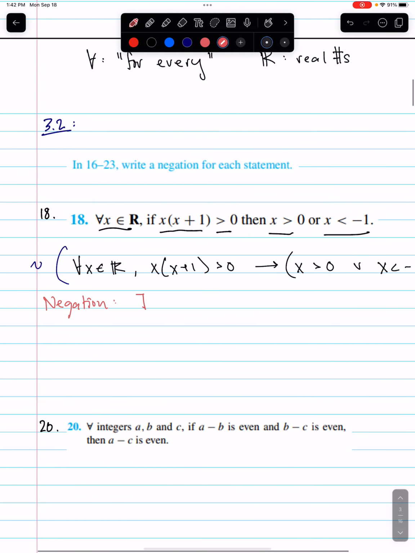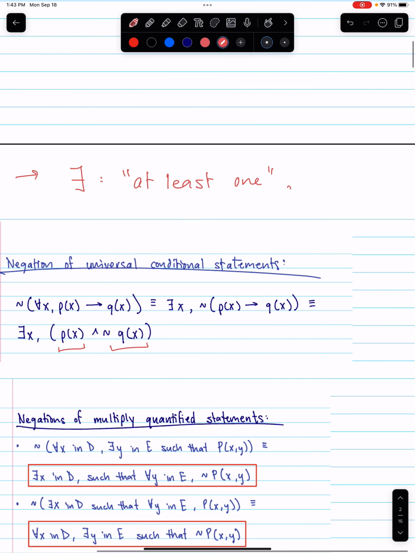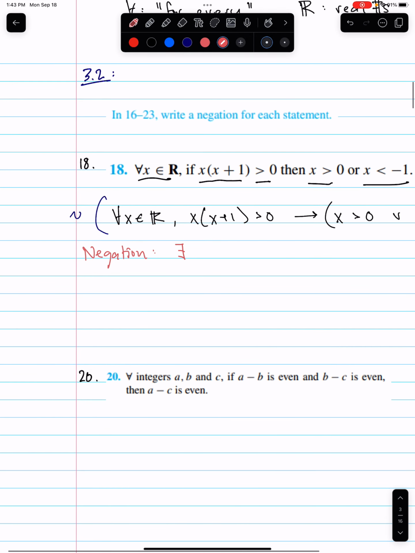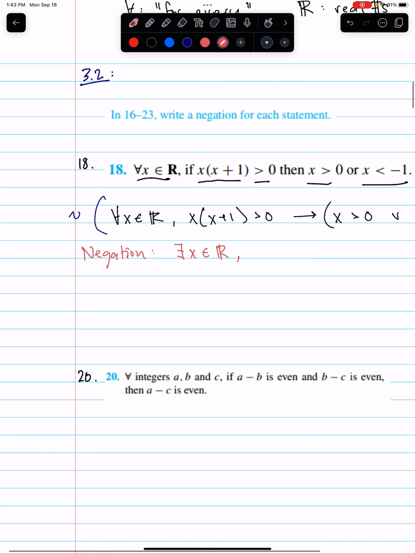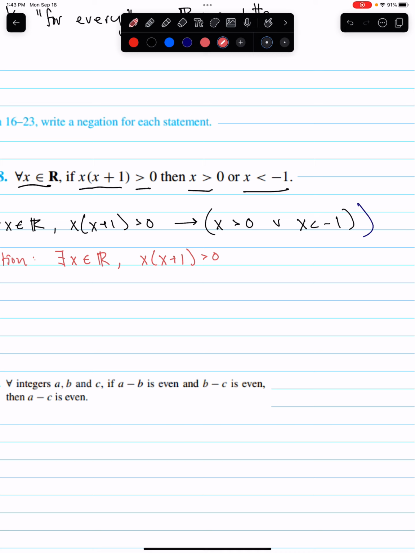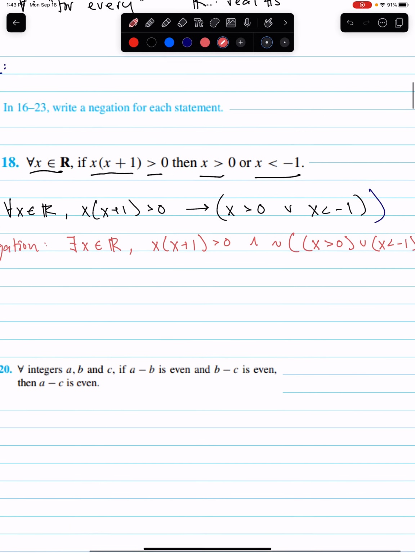The negation becomes: there exists some x in R, the set always stays the same, where x times (x plus 1) is greater than 0, and the negation of this, x is greater than 0 or x is less than negative 1. That's the negation of that.